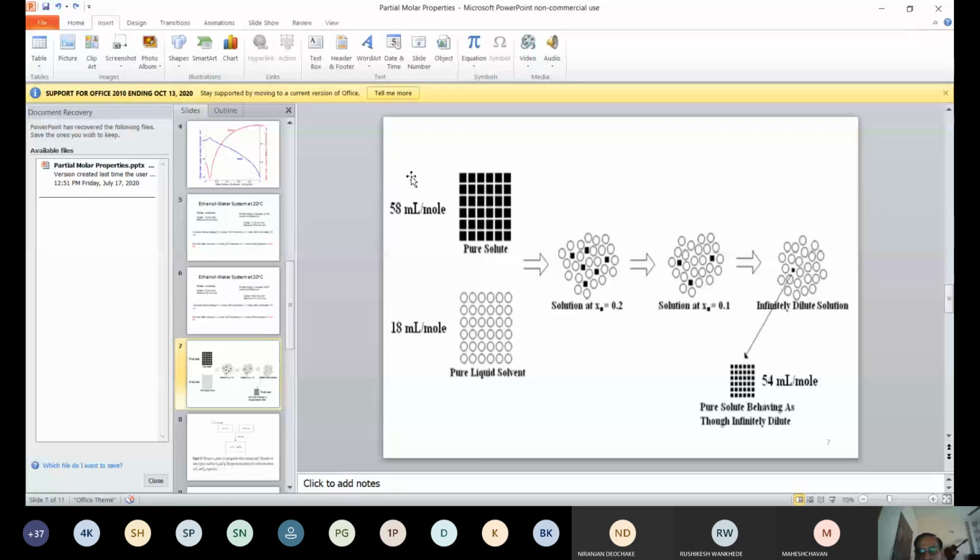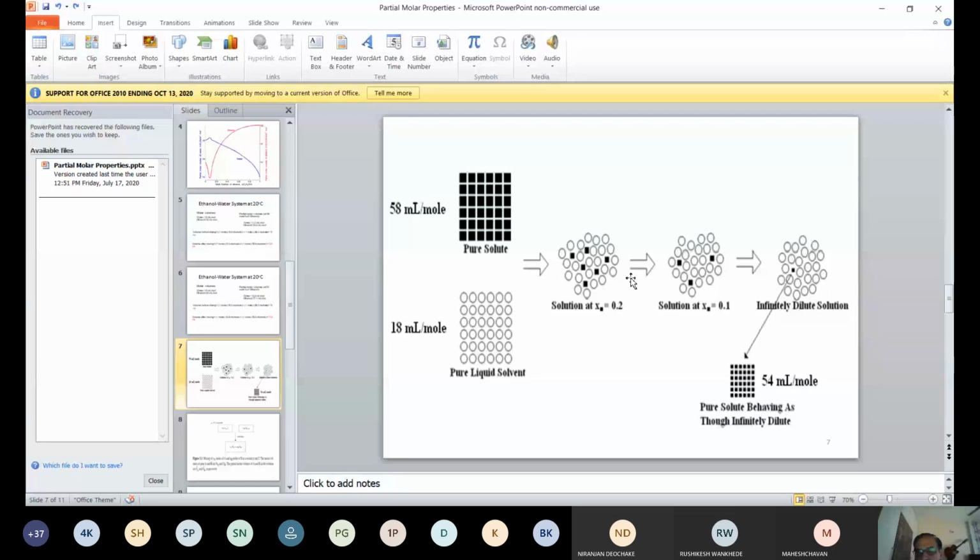Mostly it is water, the big circles are water and these rectangles are ethanol. Whereas if you take 10% ethanol in water, then it is mostly water and very little ethanol. And at infinite dilution, if I take pure water and add a few ml of ethanol, it is mostly water and only a few molecules of ethanol.